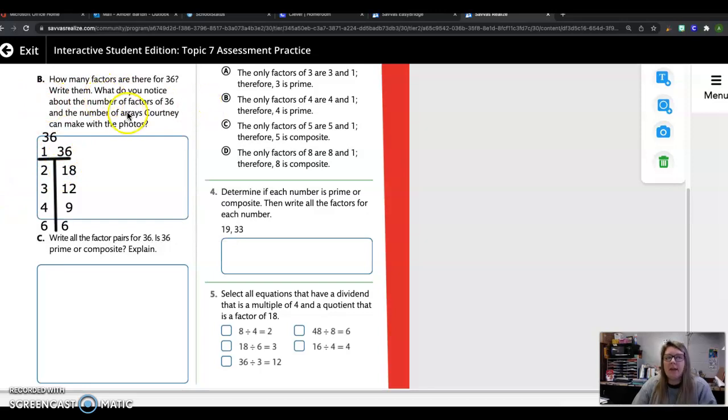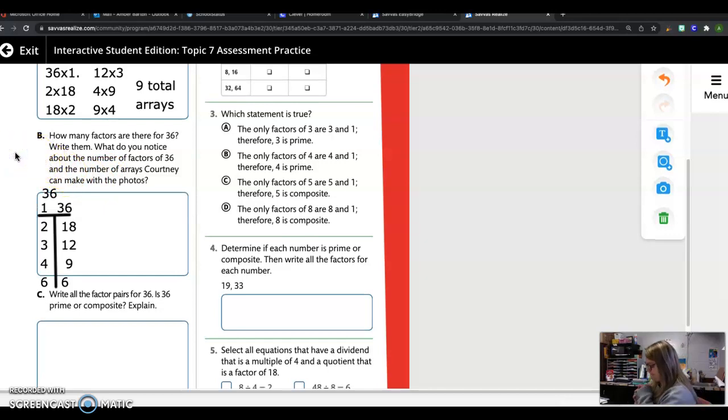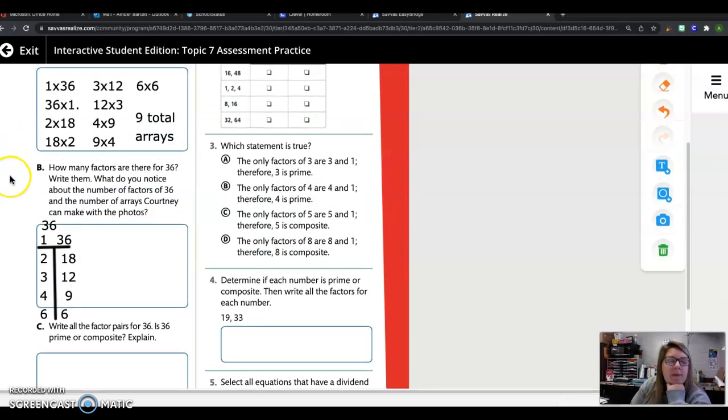So what do you notice about the number of factors of 36 and the number of arrays that Courtney can make? How many total arrays can she make? 9 total arrays. How many total factors are there? 5. Well, those are factor pairs, but individual factors, how many are there? There are 9 individual factors.